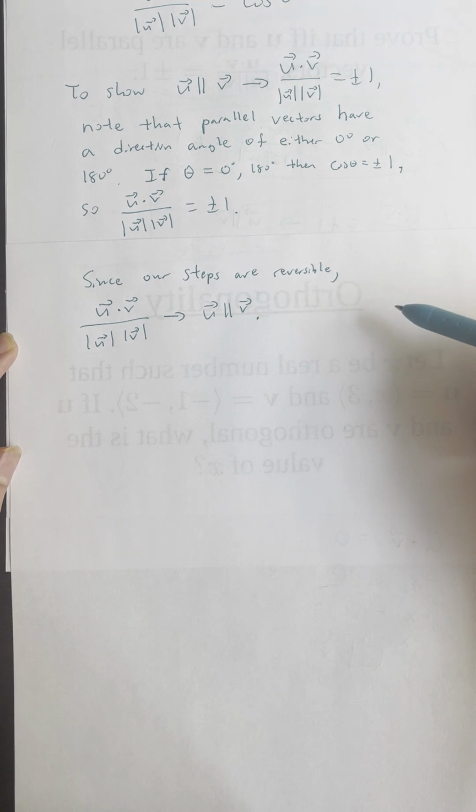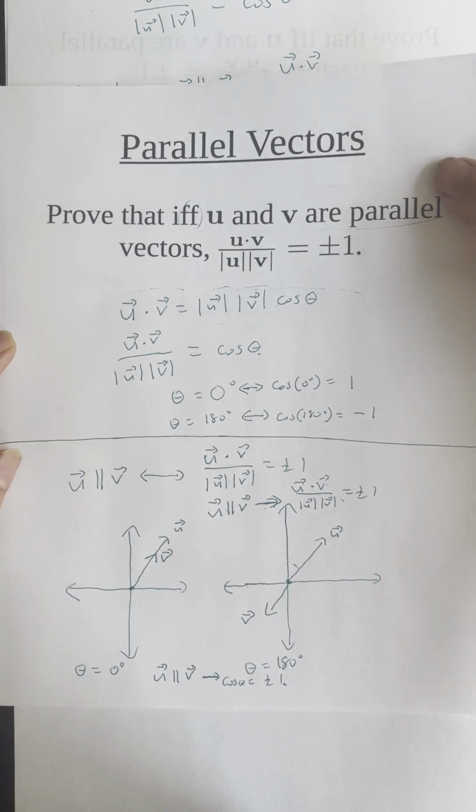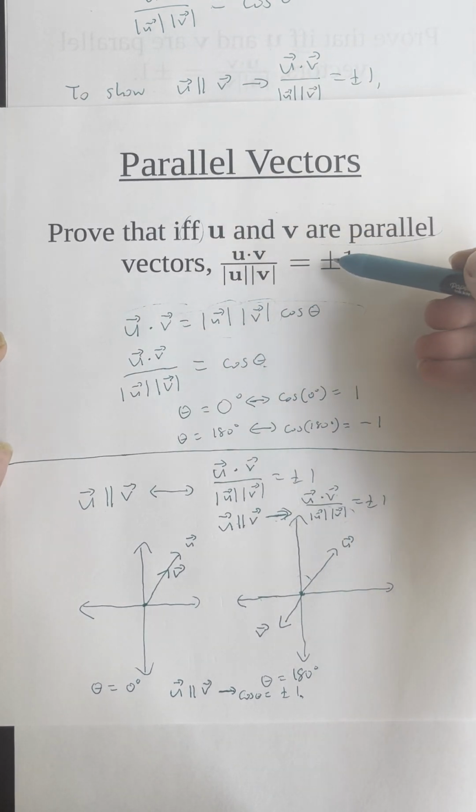But yeah, this is why if u and v are parallel vectors, then the dot product divided by the product of the magnitudes is equal to plus or minus 1.